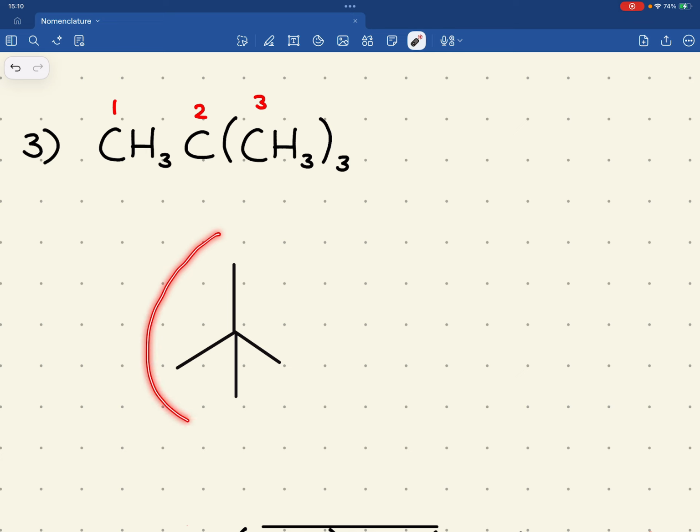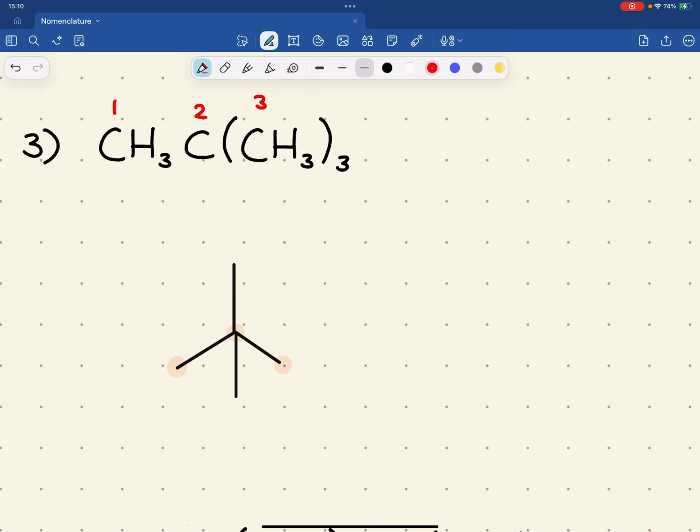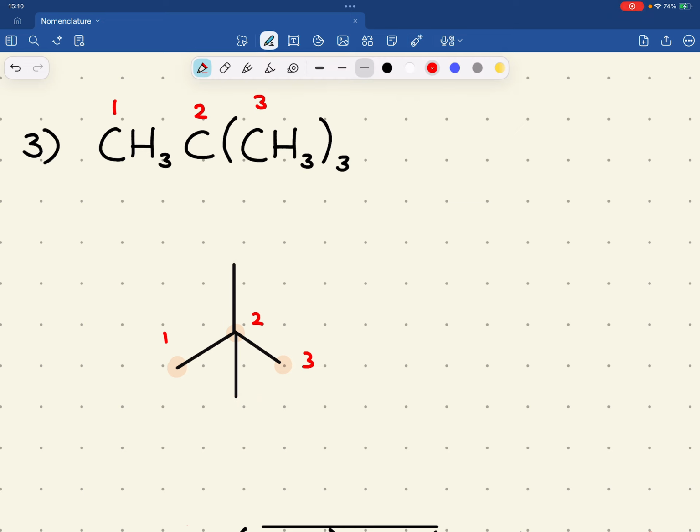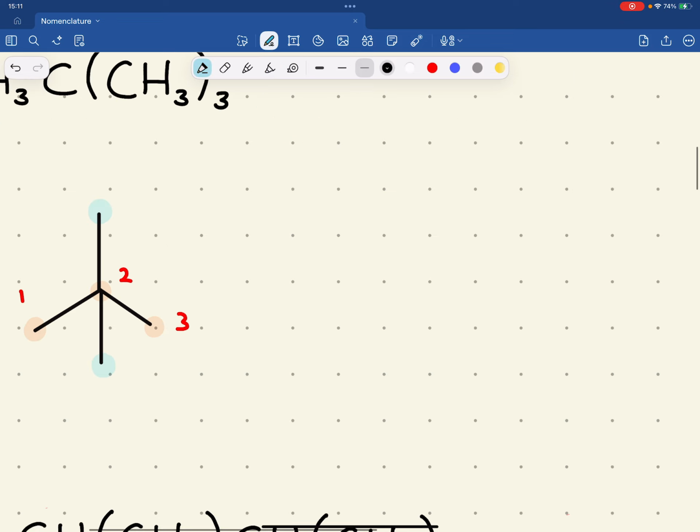That's why it's useful to draw this out as a skeletal formula, to show this. So we've got 1, 2, 3 in my longest chain. Remember that I said one of these methyl groups is this one here. The other 2 are here and here, and these are part of the side chain. So my longest carbon chain is 3, so it's prop.